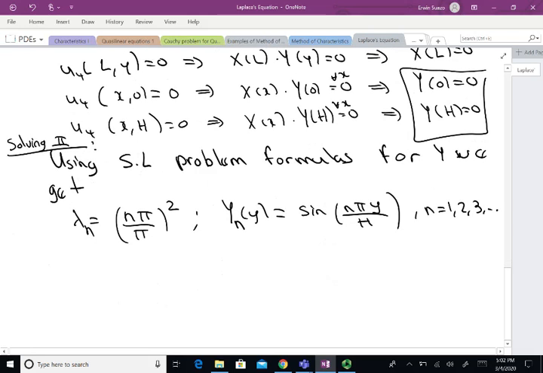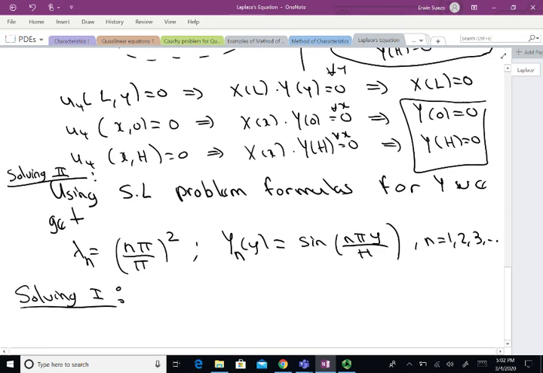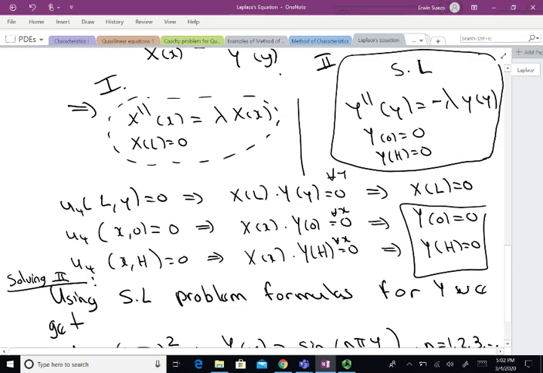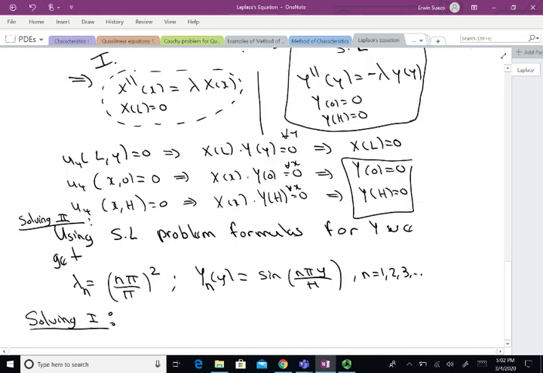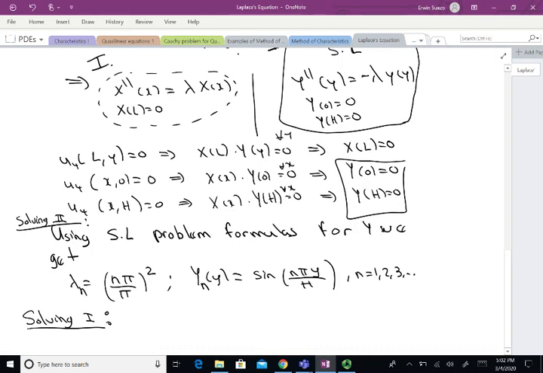Now solving 1. I'm sorry, I'm really not organized. So I have here that my solution for this is a classical solution. We know this.